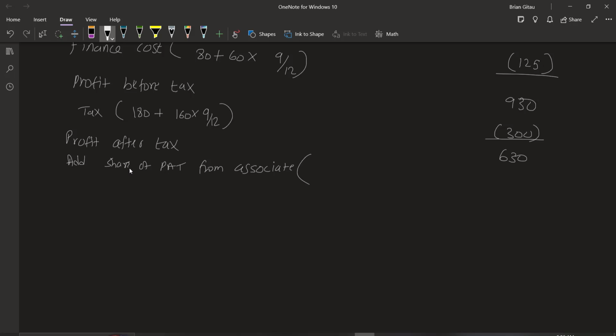Now our share, since we acquired 40%, will be 40% of 200. But then again, we did not acquire the associate at the start of the year. It was in between the year, and we only had 3 months left. So we will take 40% times 200 times 3/12. This is giving us 20. So we have the total profit.